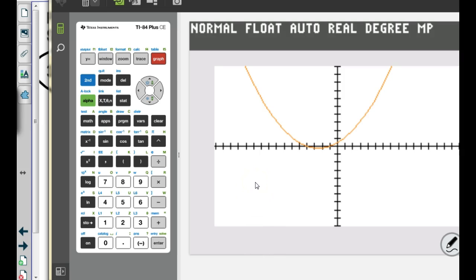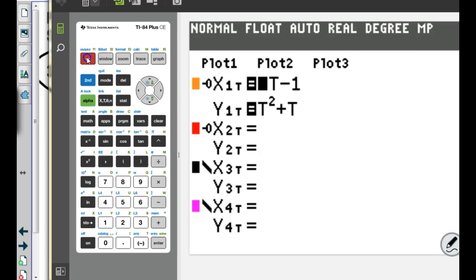Okay. We're going to do the inverse. Is it not working? Somebody's not working? Okay. We're going to go back to y equals. I'm going to do orange and black. But the idea of an inverse, guys, in parametric equations, any ideas how easy this is?